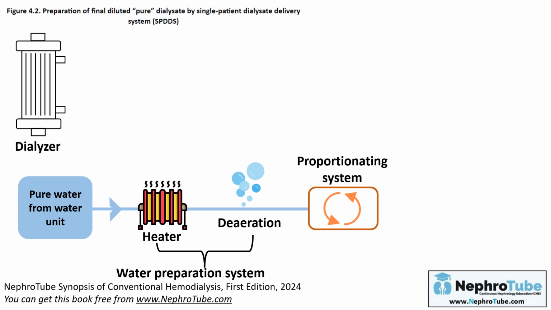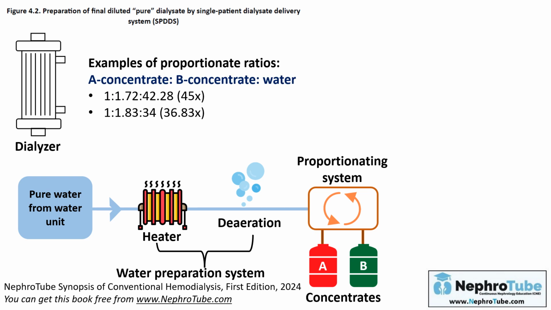The machine will take a proportion of the water and mix it with some proportions of the concentrates, concentrate A and concentrate B. This is an example of the ratios that the machine uses to mix water with B and A concentrate. So these are the ratios of A concentrate to B concentrate to water.